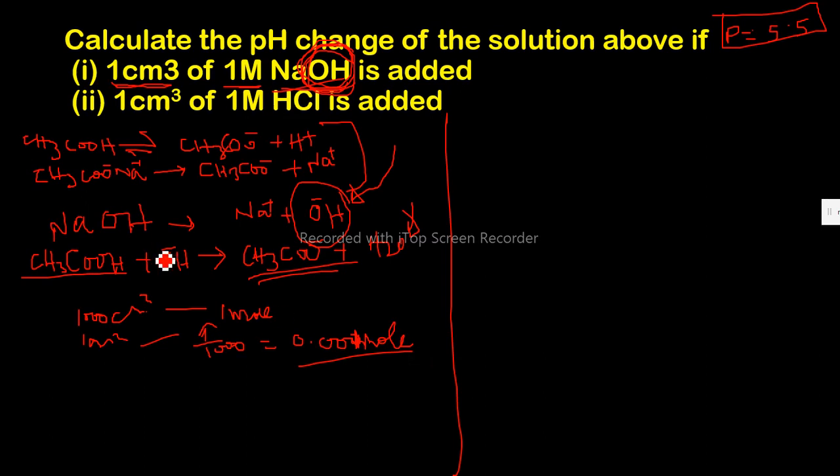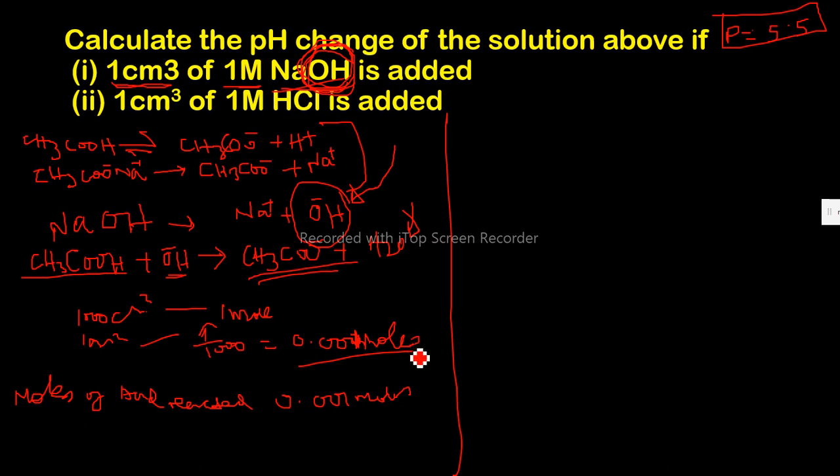From mole ratio, we can see that 1 mole of sodium hydroxide reacts with 1 mole of ethanoic acid to produce 1 mole of the salt. So it means the moles of the acid that reacted is 0.001 moles.